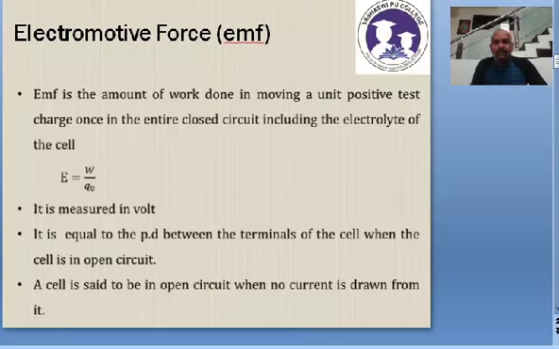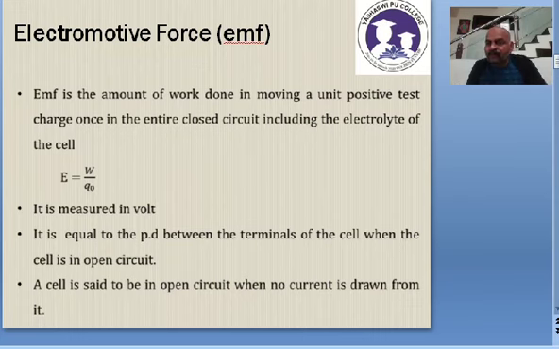So having learned what is EMF of the cell, EMF is the amount of work done in moving a unit positive charge once round the entire closed circuit including the electrolyte of the cell. E is equal to W by Q naught, electromotive force. It is measured in volt.